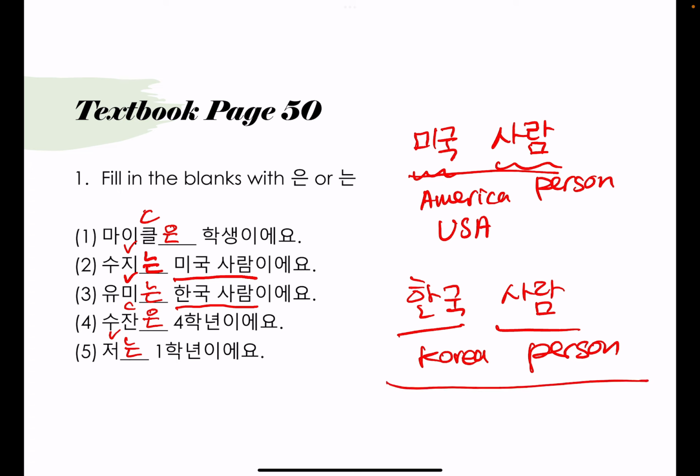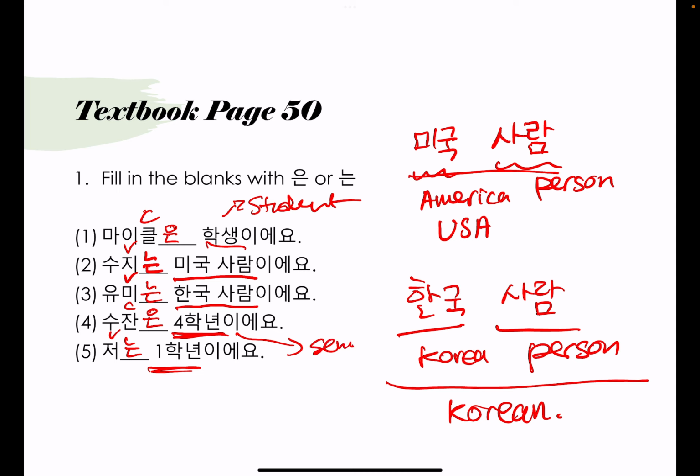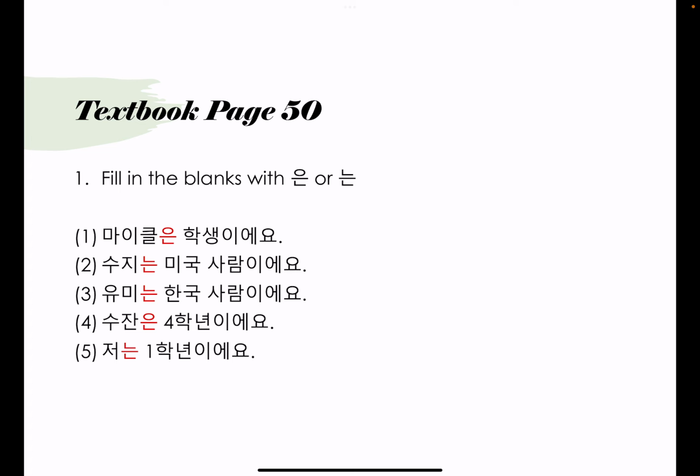So 한국 사람 means Korean. And then we remember 4학년 and 1학년. 학생 means student. And 4학년 means senior or 4th year. And then 1학년 means freshman or 1st year. Okay. All right.